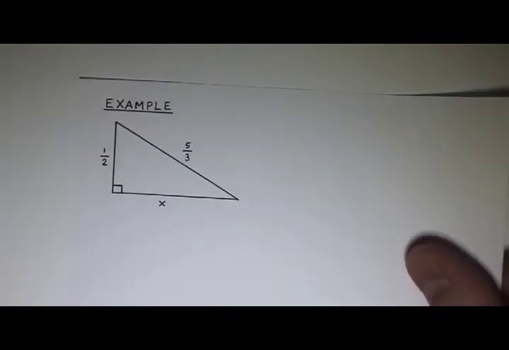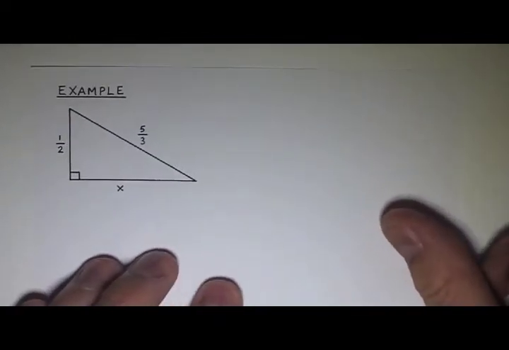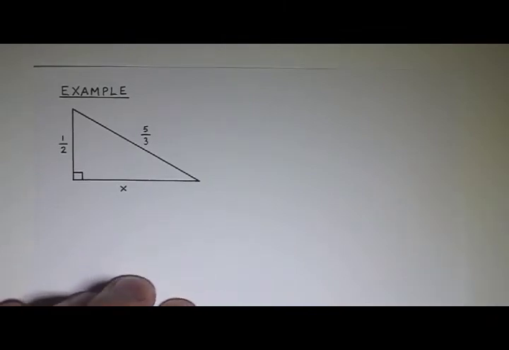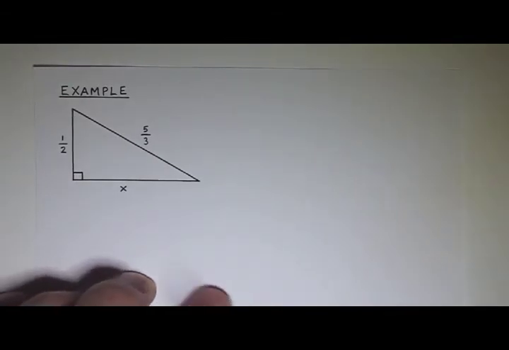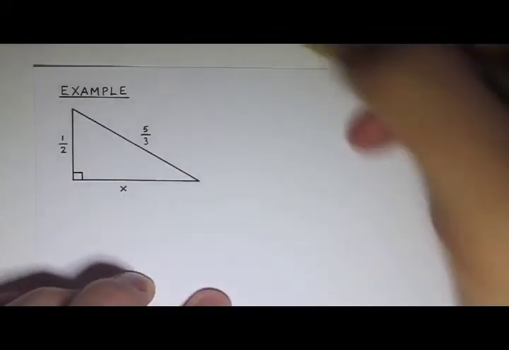Okay, so let's look at an example. Here is a right triangle, and we have a side that's 1/2, a side that's 5/3, and then a mystery side. So we're going to try and find out what x is. Okay, so we're going to set it up, and these are the legs, the 1/2 and the x.